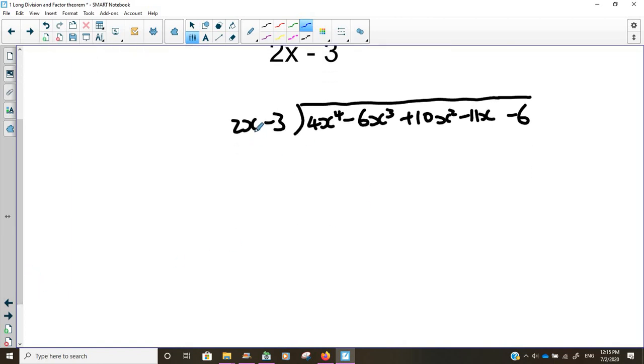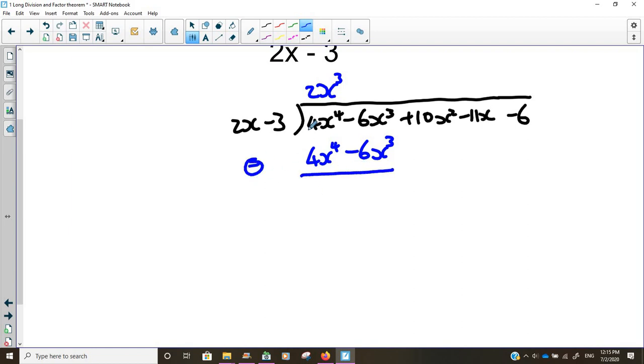Okay, off we go. 2x's into 4x to the power 4 is going to be a 2x cubed. 2x cubed times 2x minus 3 is 4x to the power 4 minus 6x cubed.